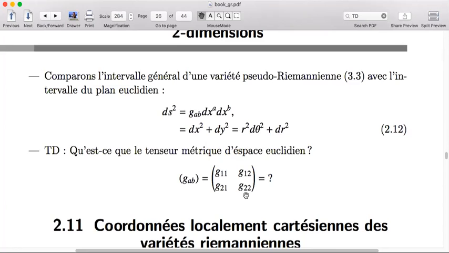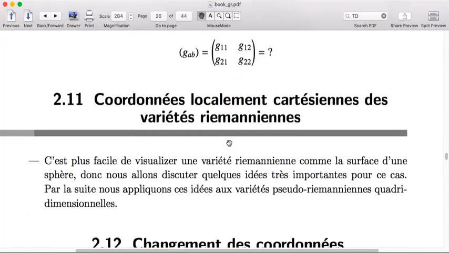But now this is interesting. The g22 term corresponds to the theta squared term, and in front of that we have an r squared. So g22 is actually r squared for this Euclidean metric represented in polar coordinates.